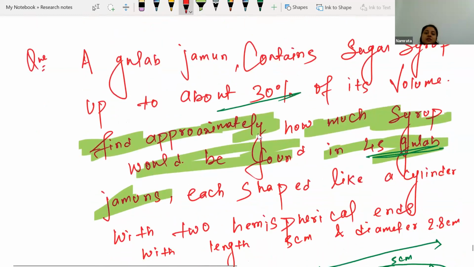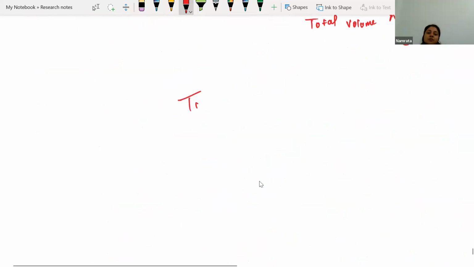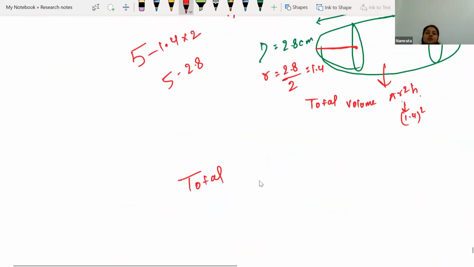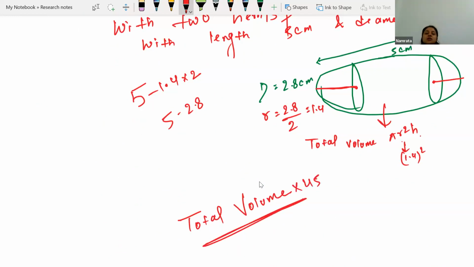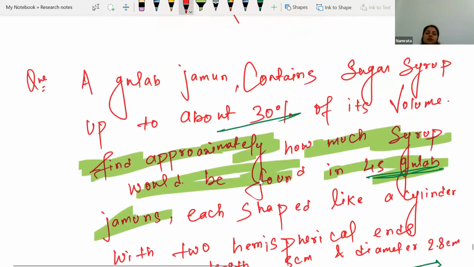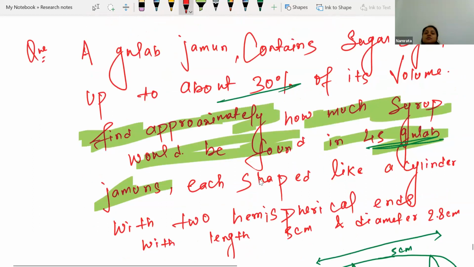Find approximately how much sugar syrup. So first we will find the volume of the cylinder and the volume of the hemispheres, all added together to give the total volume. Now the total volume of 45 gulab jamun, and at last we need to find 30% of that, because we need to find the quantity of sugar syrup in these gulab jamuns, right?